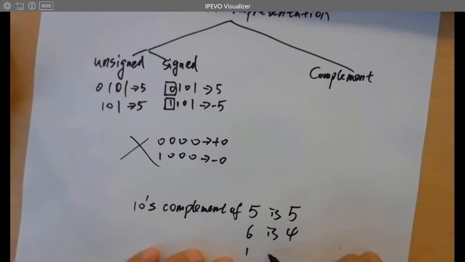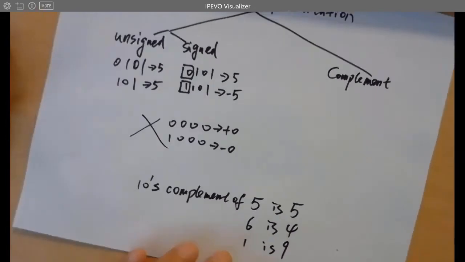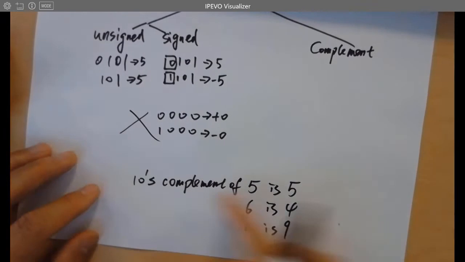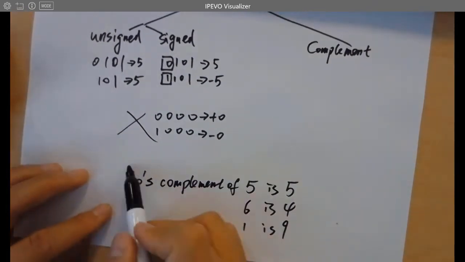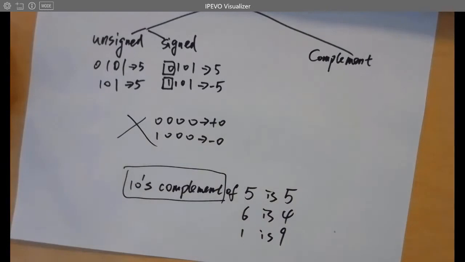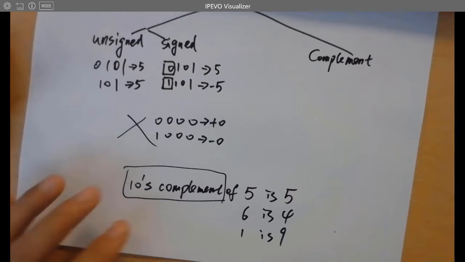The 10's complement of 1 is 9. That's just a concept. When people say 10's complement, that's a name. It's not saying 10 itself, or the complement to 10, not like that. It's just a name.